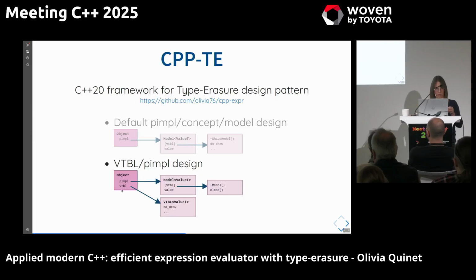And you have another pointer, the vtable, with all the functions that you want to implement for that object. So the object takes twice the size on the stack, for example, but with this we obtain some performance, simply because we have only one indirection to actually manipulate the object.